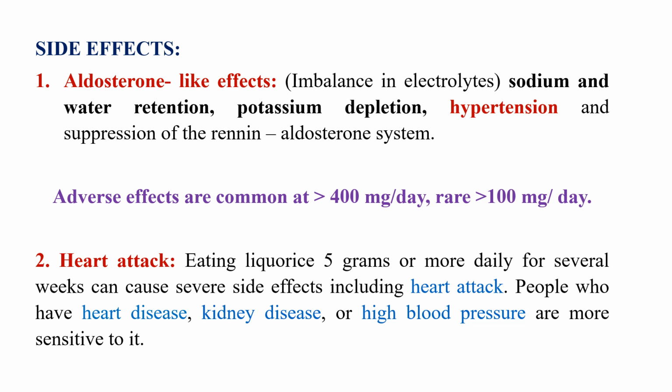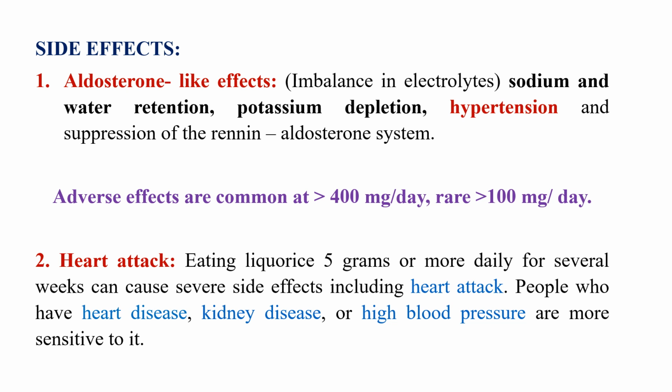The same happens when consuming a high dose of licorice, due to the corticosteroid-like or aldosterone-like effect. What will happen? Imbalance in the electrolytes, sodium and water retention, and potassium depletion, resulting in hypertension and suppression of the renin-aldosterone system. When will this happen?